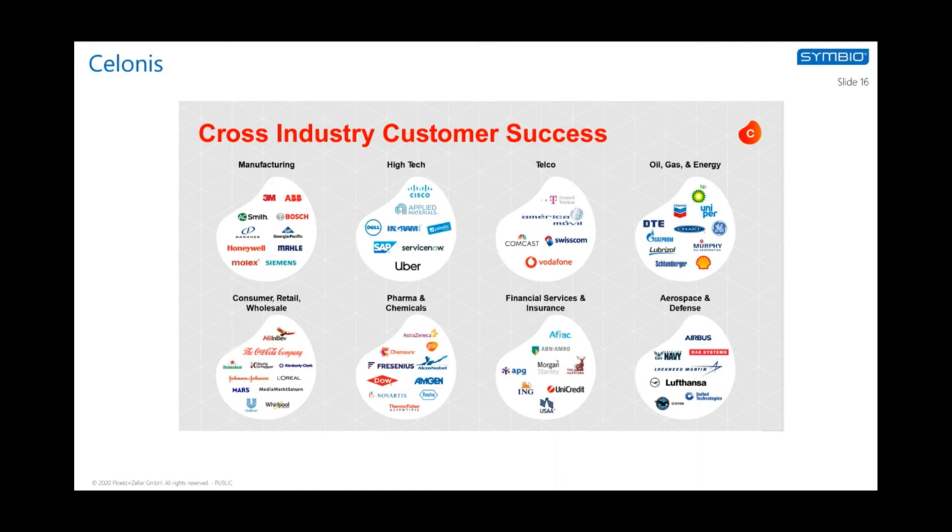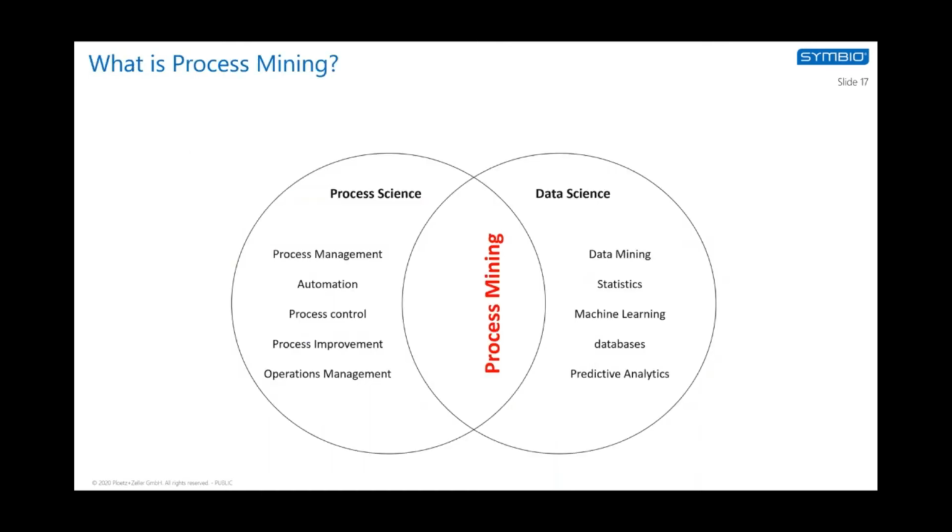At Celonis, we basically work together closely with our customers to support them in turning frictions to flows based on our process mining technology. But what is process mining? Thank you very much. Process mining in theory is basically a bridge that connects the process world and data world.